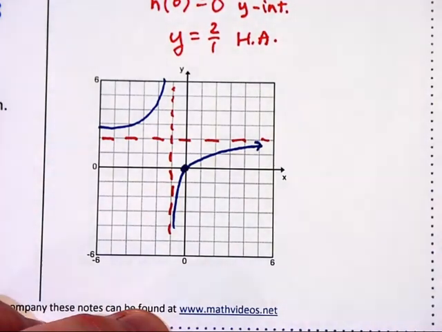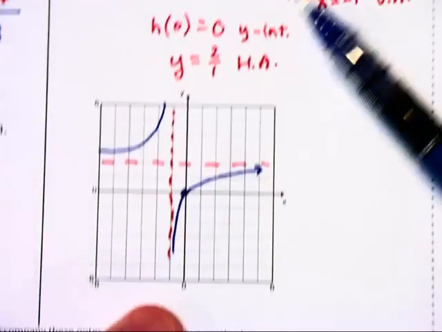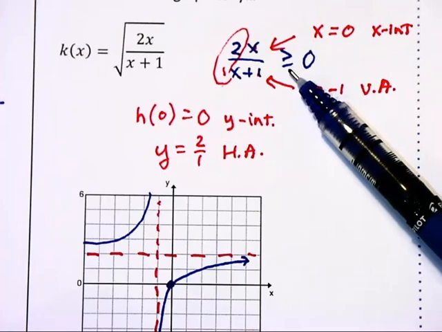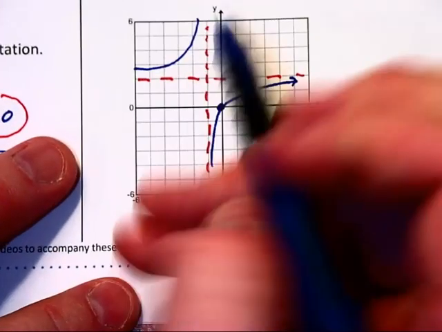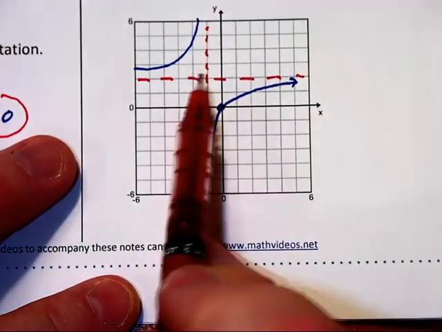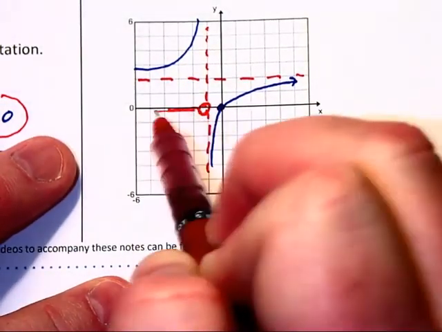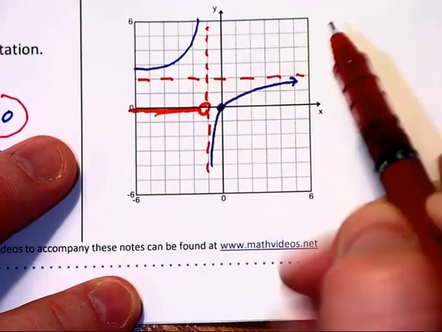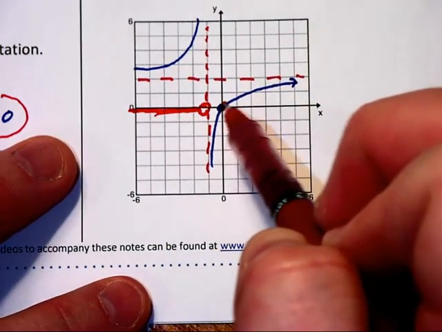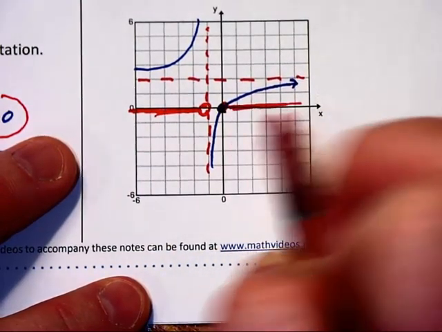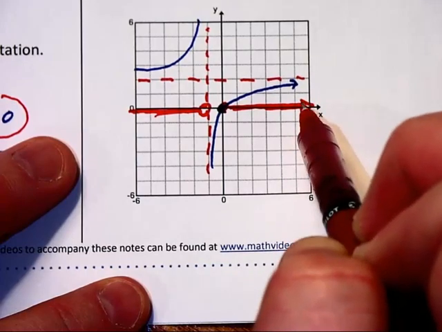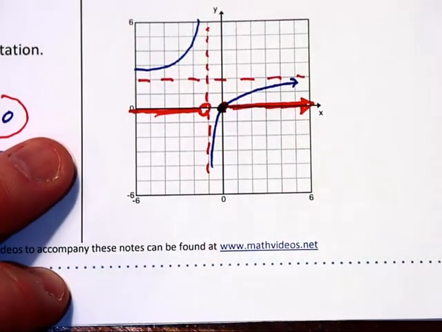The question then becomes, where is this greater than or equal to 0? You can see that it's above all the way over here on the left, so everything to the left of -1. And where is it above again? Starting at 0 and everything to the right, which is the same answer that we had up above.